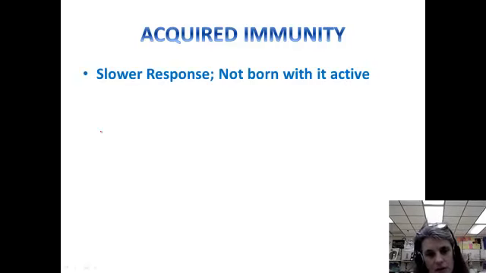Okay, acquired immunity is pretty much the opposite of innate. It's a slower response. First of all, it's slow because you're not born with it working. It is not active. You have to be exposed to an illness in order for your acquired immunity to work. And so you have to be exposed to every particular illness that your immune system is going to mount an acquired response to.